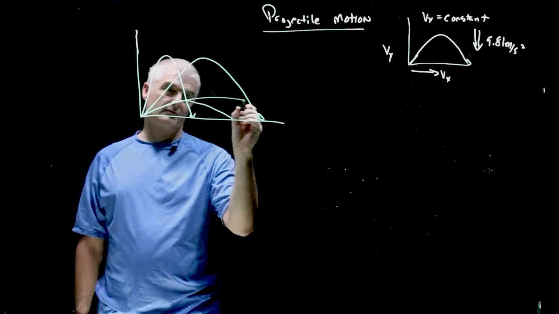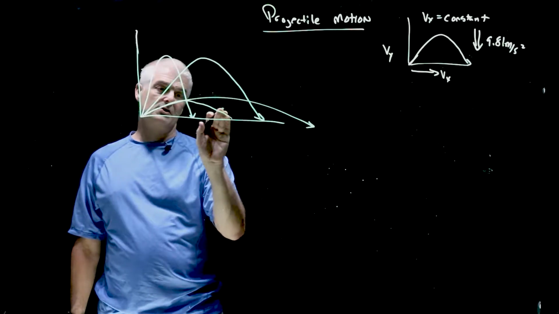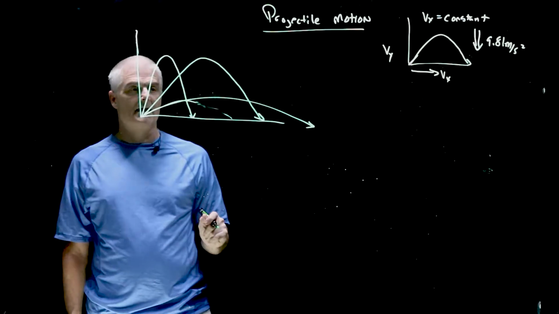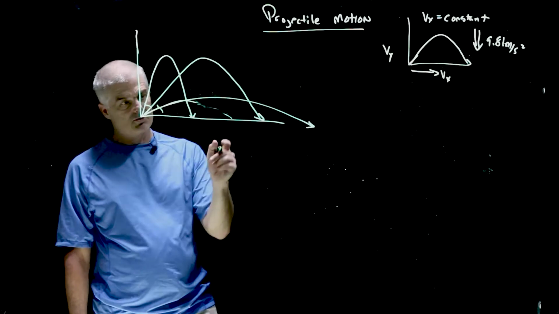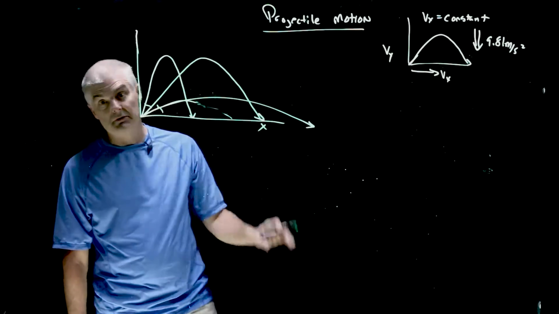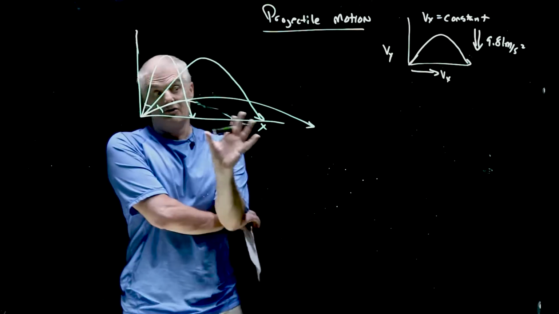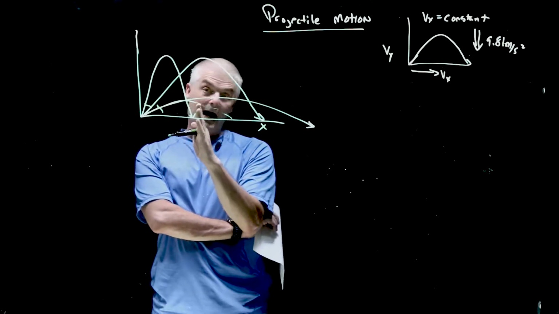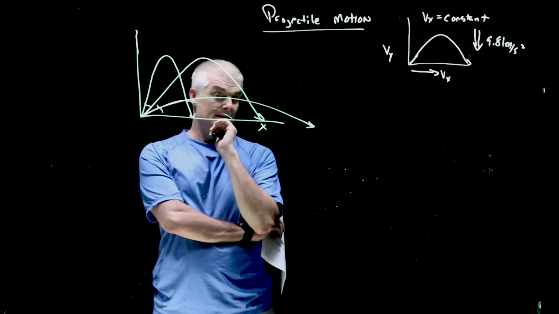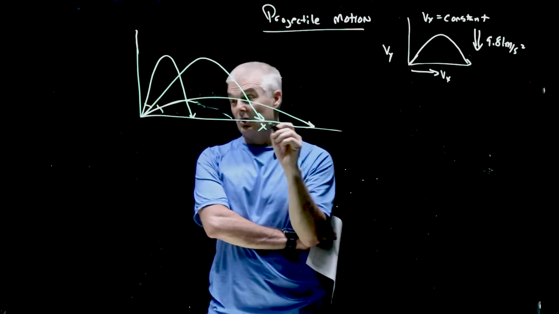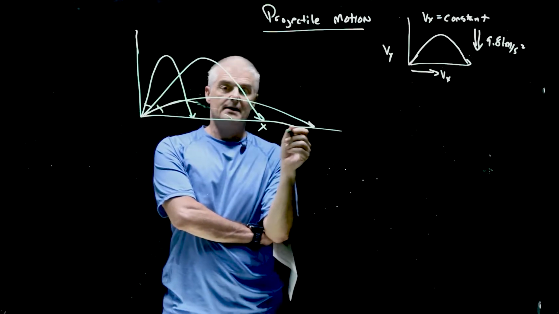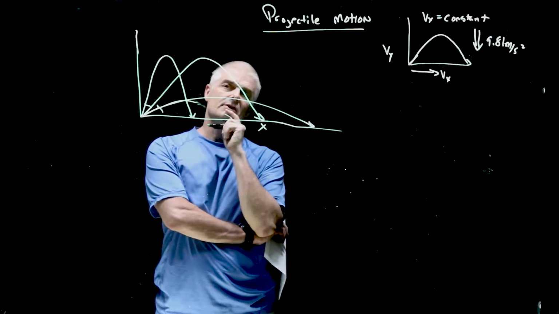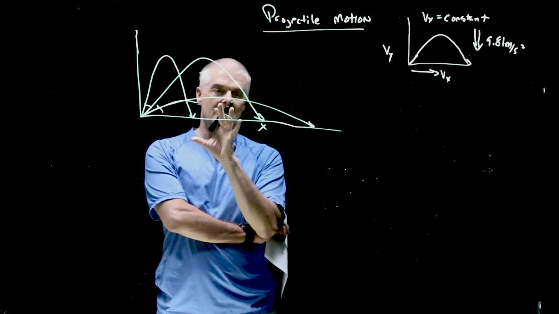If these are all the same velocity, what angle is going to be optimal for distance? Or maybe you're trying to hit a target that's X meters away, so what angle and what speed should I hit it at? That becomes the question. If you're golfing, I want to hit the hole or the green, and I want to figure out what the angles are to make this work.